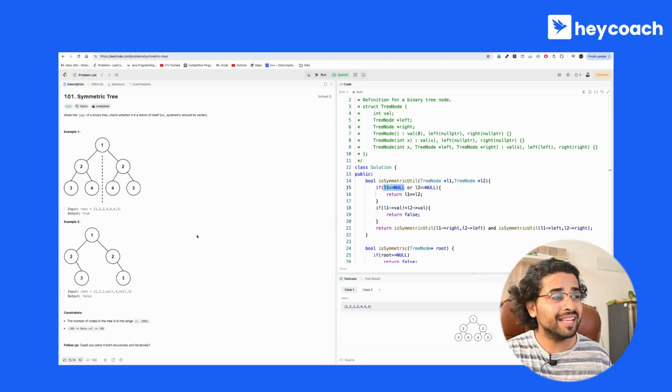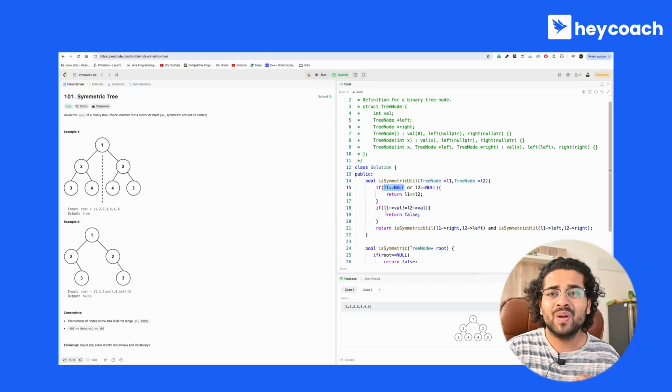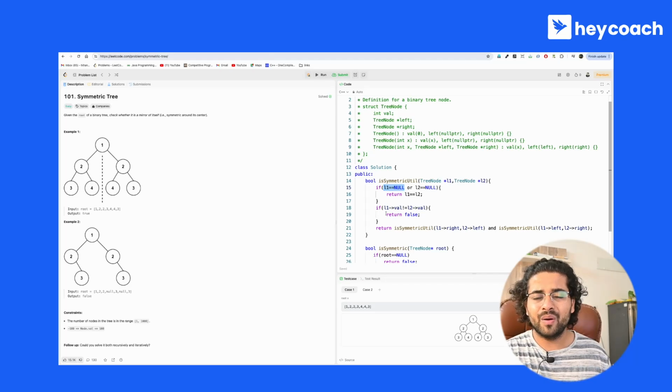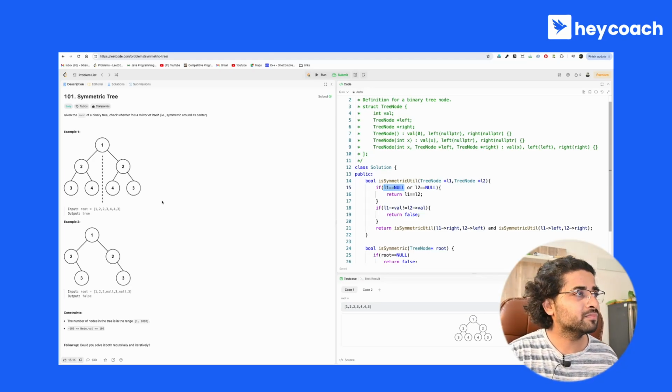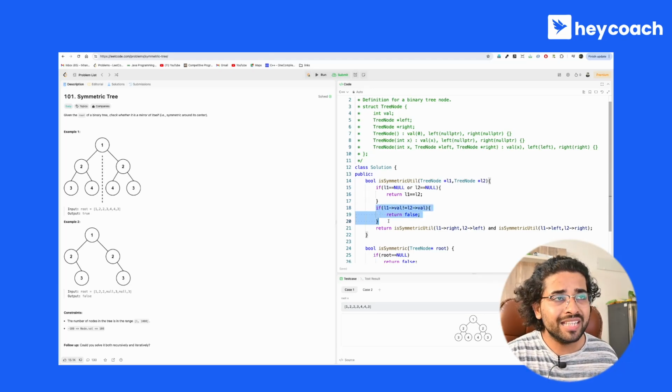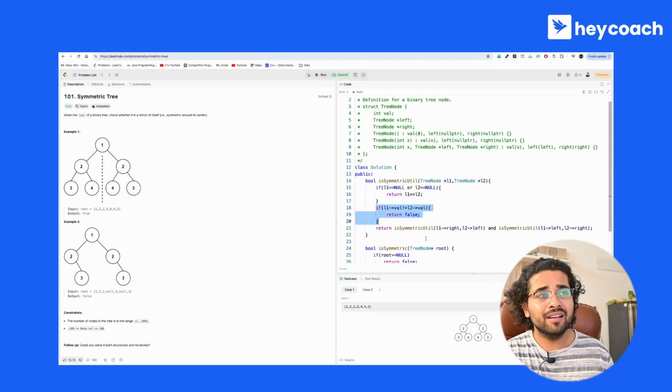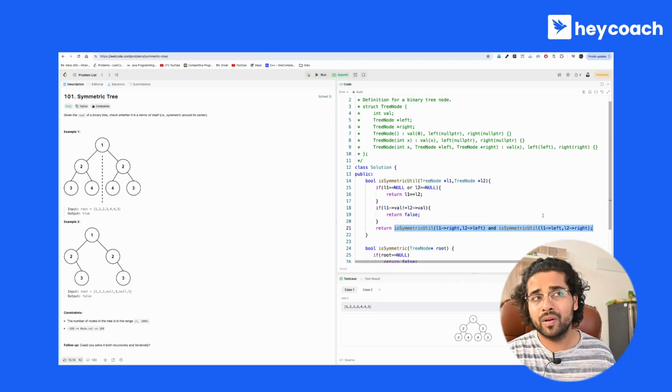At that time we have to say this is a non-symmetric tree. Or in this condition, when 2 3 4 are there and 2 4 3 are there, these values are always equal and this will return true.